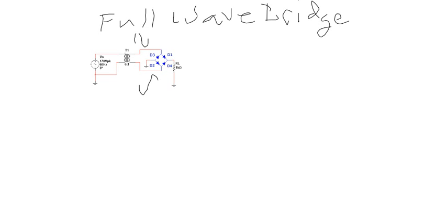So what's going to happen during the positive half cycle of the input wave, and that's this one, diodes 3 and 4 are reverse biased, and that just leaves diodes 1 and 2 in the circuit, which will be forward biased. The reverse biased 3 and 4 diodes act like open circuits.